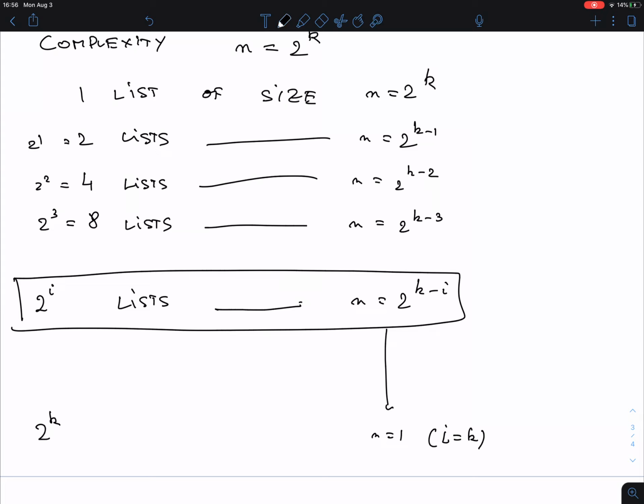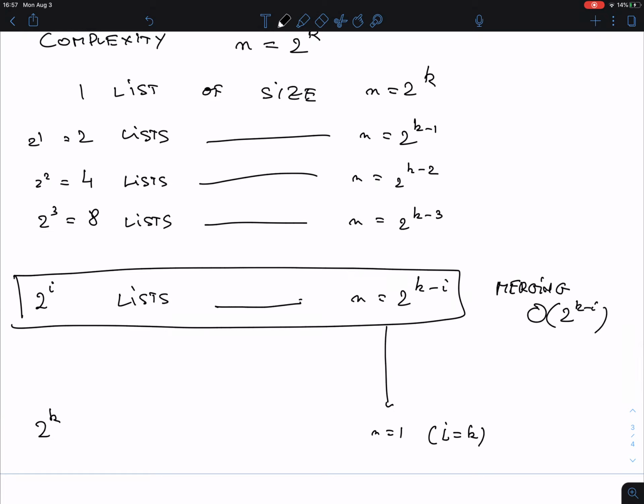So in other words, to make it simple, merging them requires 2^(k-i) steps.